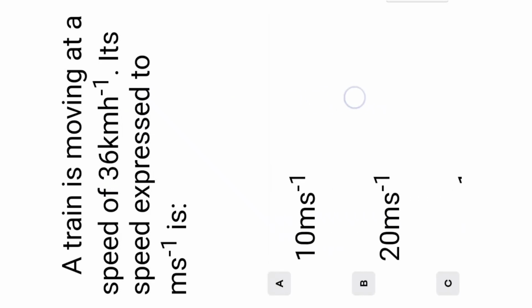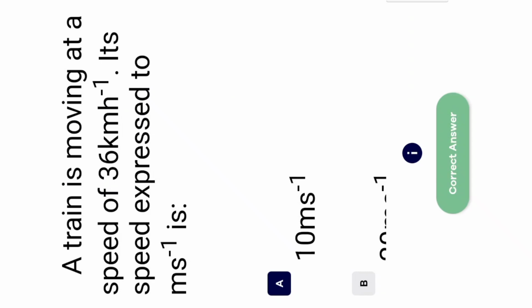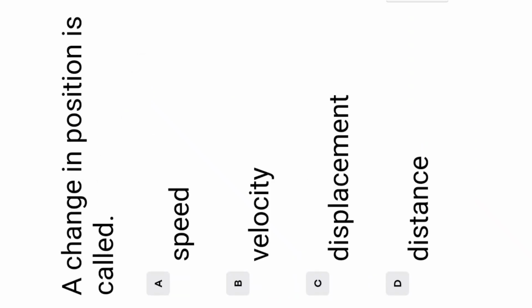The correct answer is 10 meter per second. So we take A. A change in position is called A speed, B velocity, C displacement, D distance. Correct answer is displacement. So we take C.